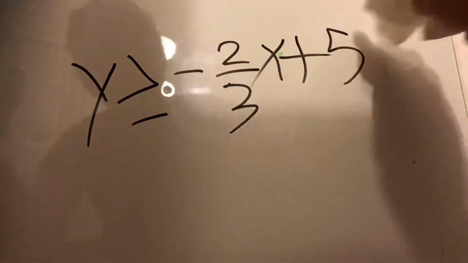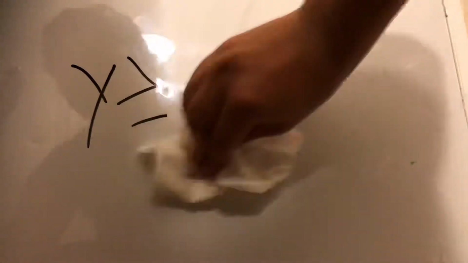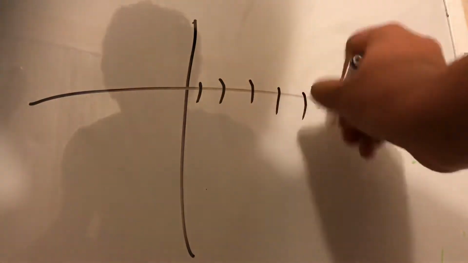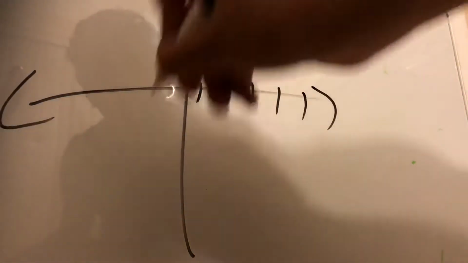So this is our equation, but we need to draw it in a graph. So I'm gonna erase this one, because I need to have a space. I'm gonna draw a small graph, and I'm gonna say 1 2 3 4 5, and also don't ever forget to draw arrows, because if you don't draw arrows, it represents that it's gonna end like here, but it's not, because it's gonna continue to infinity.